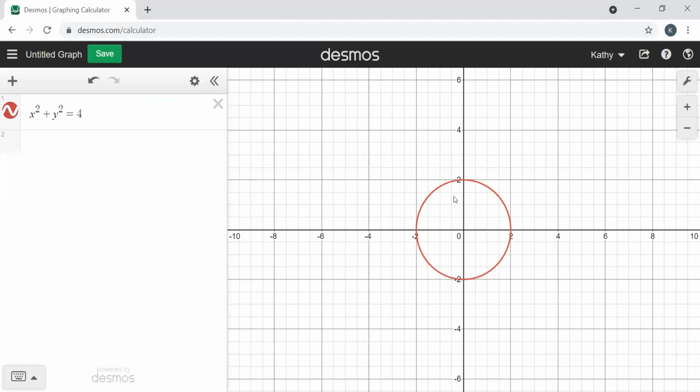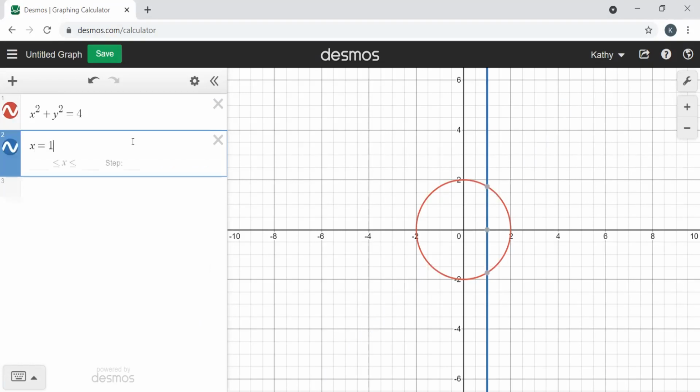Okay, here's x equals 1. Here's one point where this function touches x equals 1, and here's another point where it touches x equals 1. I could find one tangent line up here or another tangent line down there, right? Do you see that these two tangent lines have two different slopes? One has a positive slope and one has a negative slope. So there are two possible tangent lines when x equals 1.